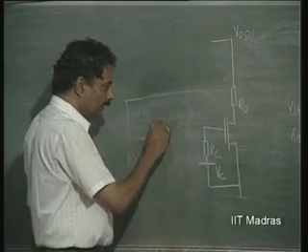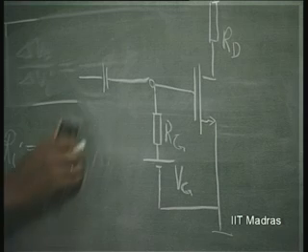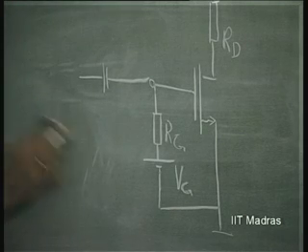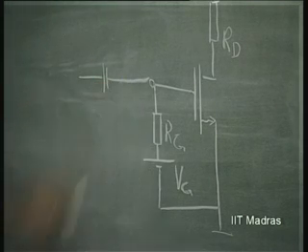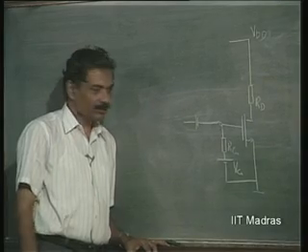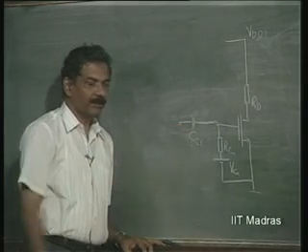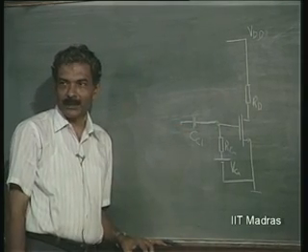While applying a signal using a coupling capacitor, it has to be coupled by a capacitor because this is at a DC potential. I want to add the AC without disturbing the DC. So I will couple this by means of a capacitor Cc1. We used this in the case of the bipolar junction transistor also.